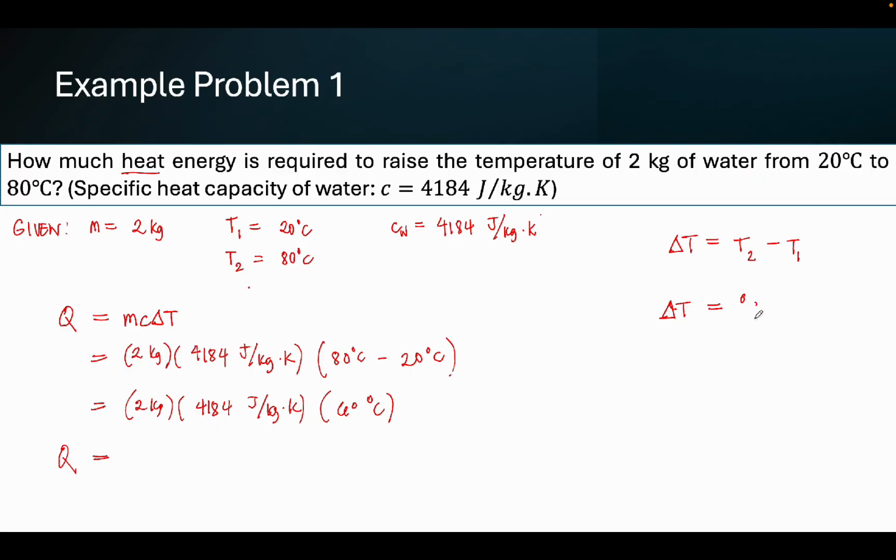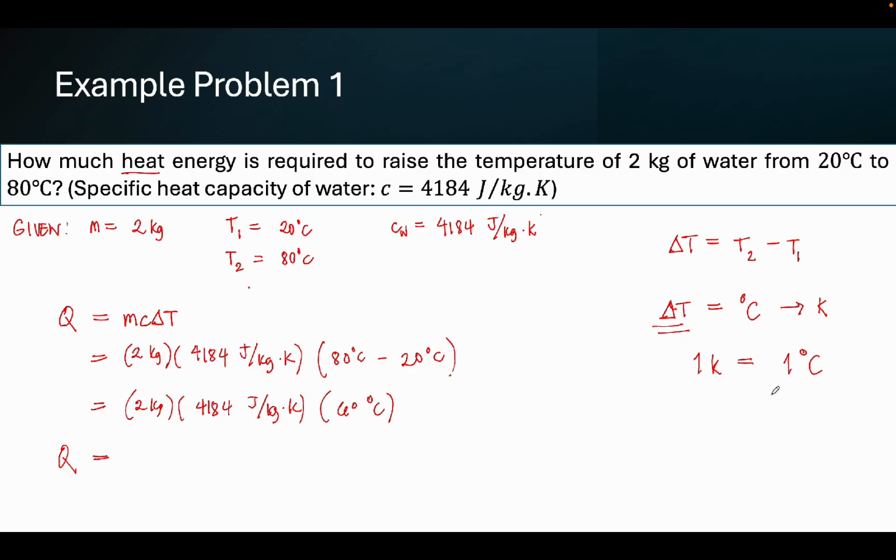Now, if you want to convert that to Kelvin, this is not the typical temperature conversion of plus 273. This is another conversion. For the change in temperature, 1 Kelvin is equivalent to 1 degree Celsius. Again, this is only for delta T.